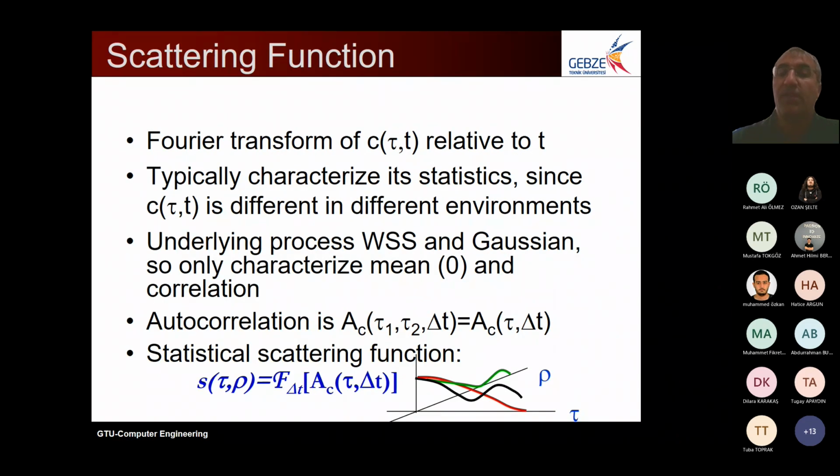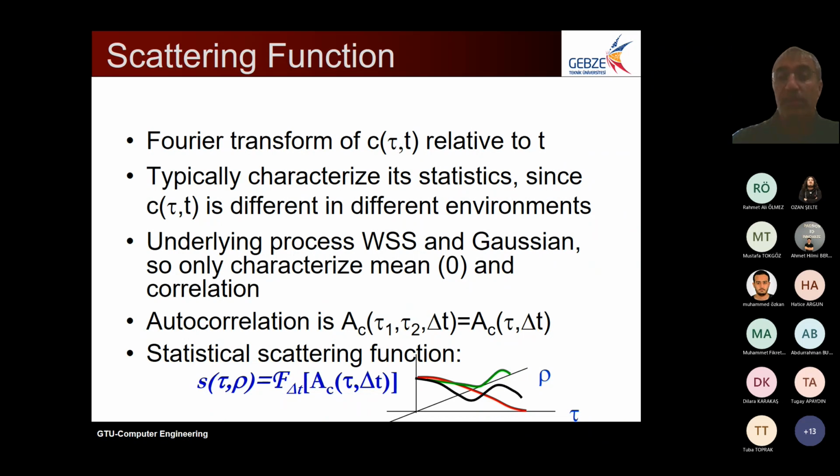So we have a function that models the channel we talked about, with reflection, scattering, and diffraction, all ending up in a channel function. The Fourier transform of this correlation function relative to t gives the scattering function, which is different for each environment, and we model it as a wide-sense stationary Gaussian channel.